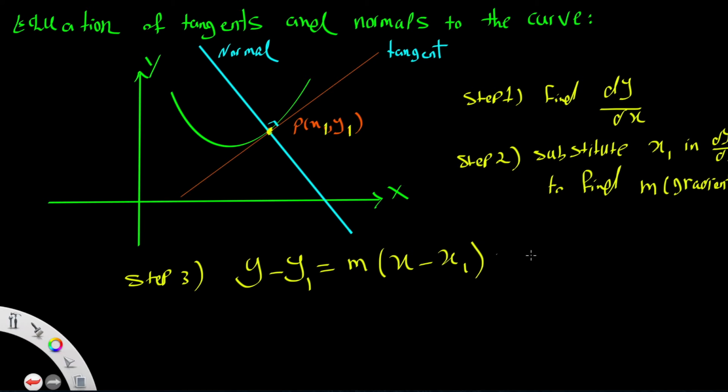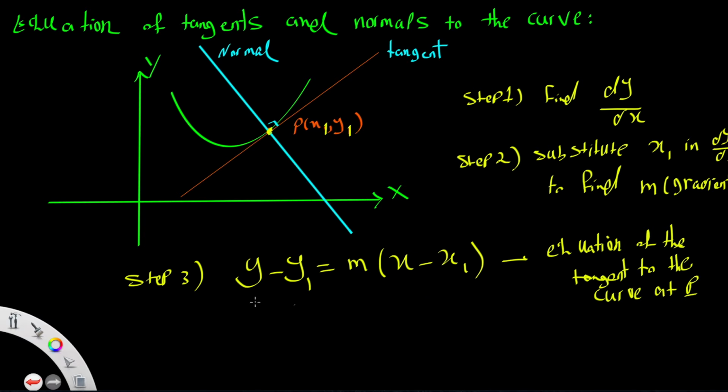So it is the equation of the tangent to the curve at P. You already know this formula in coordinate geometry. The only new thing here is how to find m. m is found by differentiating and substituting the x coordinate of the point.